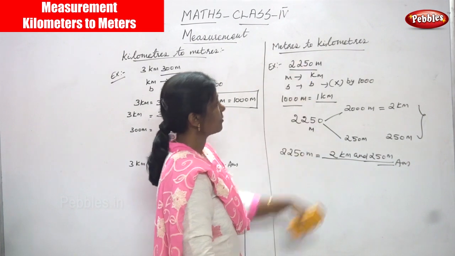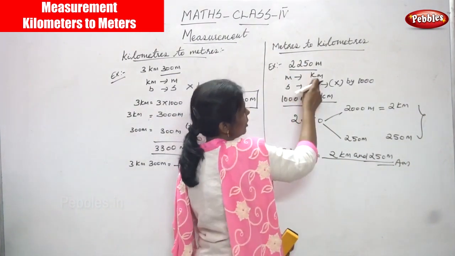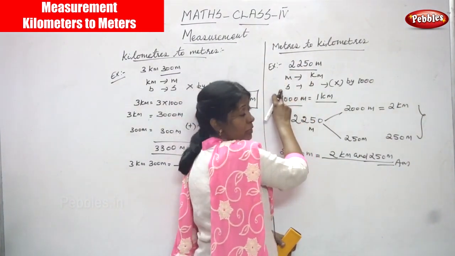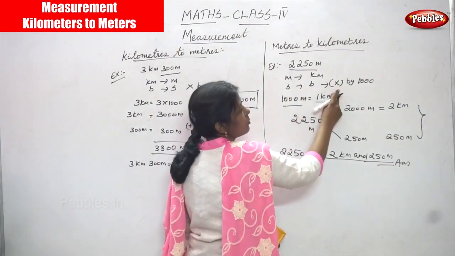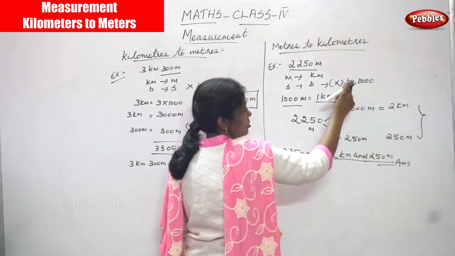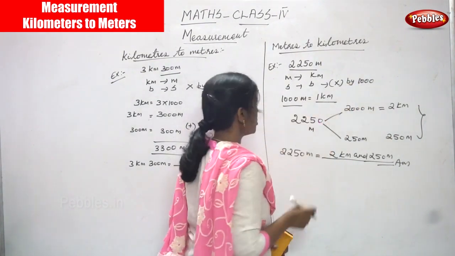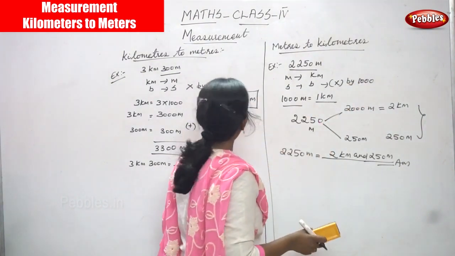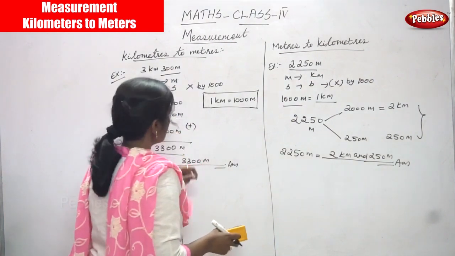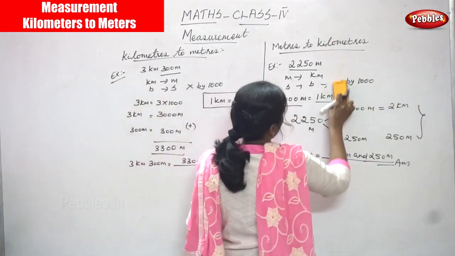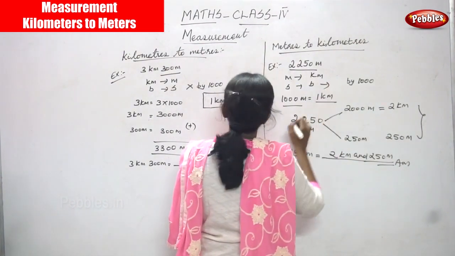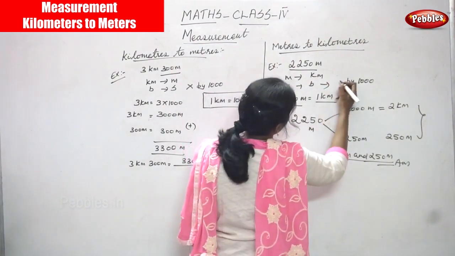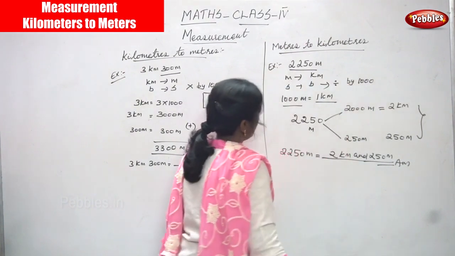So 2250 meter, meter you convert into kilometer. Meter is a smaller unit and kilometer is a bigger unit. I said that smaller to bigger means you have to multiply by 1000, sorry.